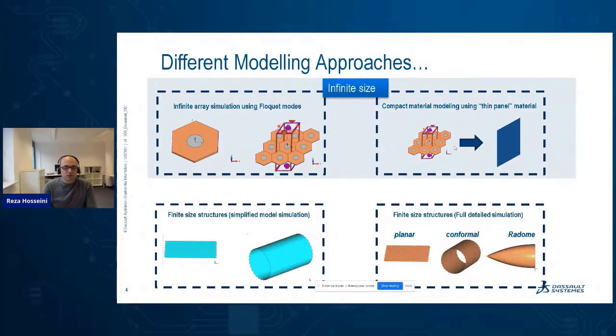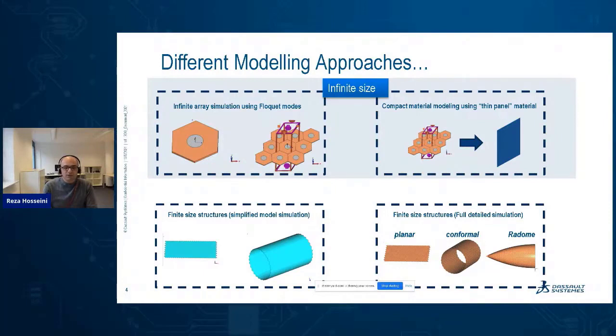As I said, we could start with a single unit cell, create an infinite array, and then perform Floquet-mode analysis to find the transmission and reflection for the infinite array. After that, using compact material modeling, which we call SIMPanel inside CST, we can represent the behavior of the infinite array using a SIMPanel material.